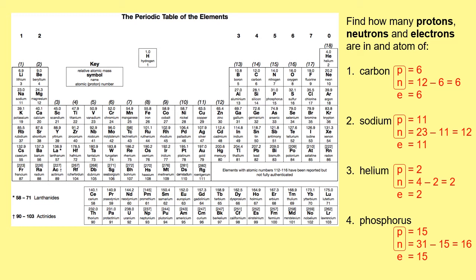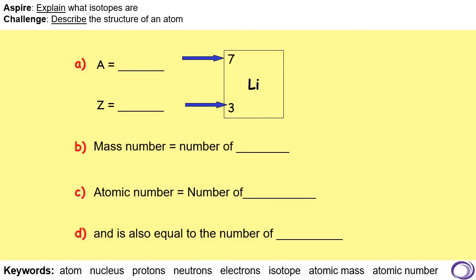Okay, if you need a bit more time, then just pause the video and press play again when you're ready to move on. Okay, so you should now be feeling more confident with working out numbers of protons, neutrons, and electrons from the mass number and atomic number that you find on periodic tables for different elements.